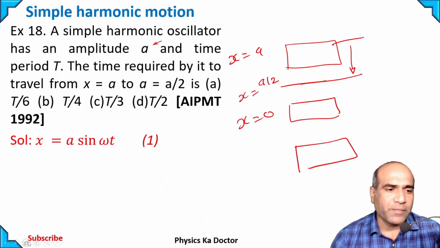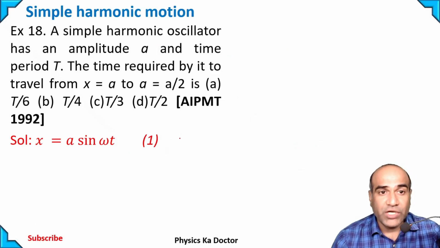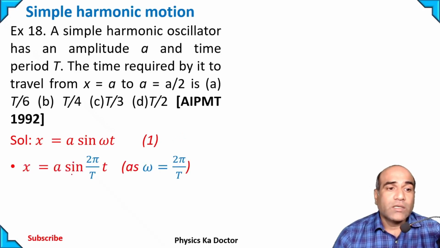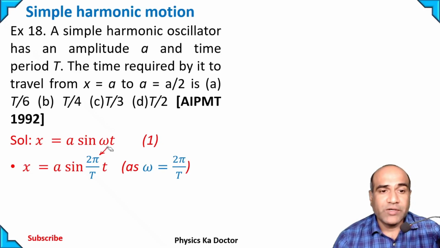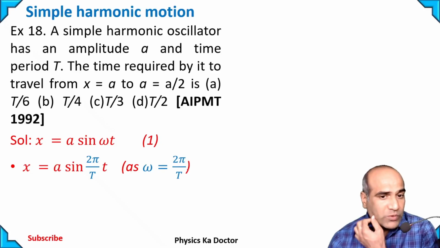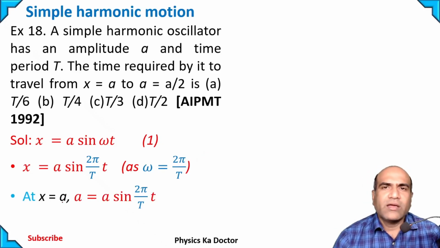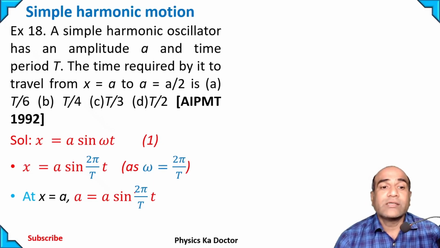So we know that x is equal to A sine omega t. Omega is always 2 pi by T. You can put it here also, you can put it later also. x is equal to A sine 2 pi by T t.